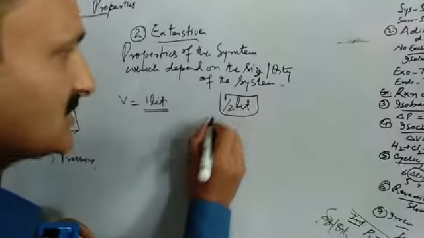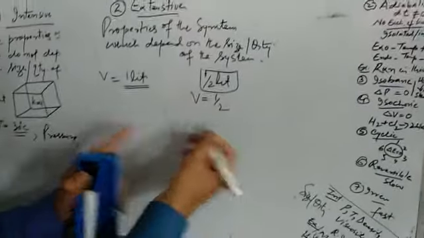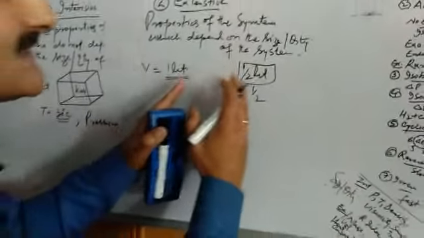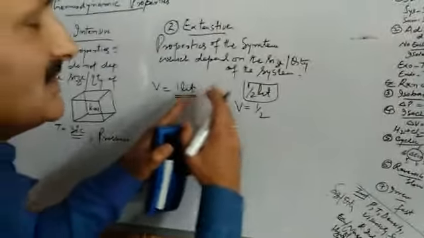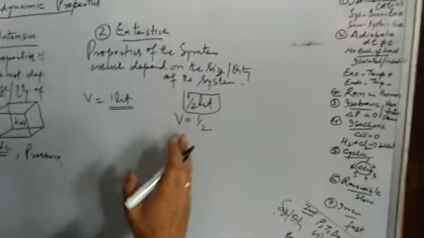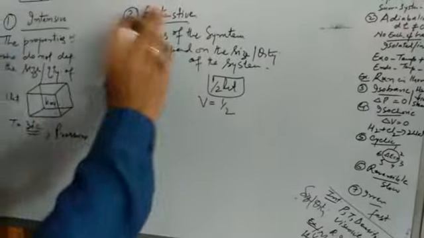So what will be its volume? Its volume will become 1/2. So it has changed. It has not remained same. It has changed when I decrease the quantity. It has changed when I change the size. So those properties which change with the size, which change with the quantity, are known as extensive properties.